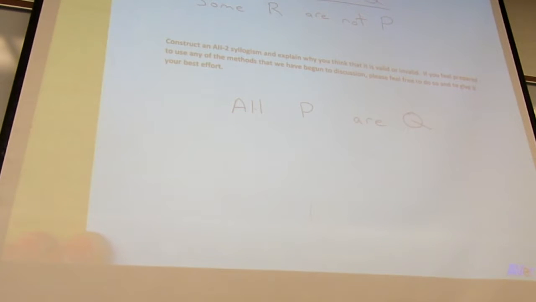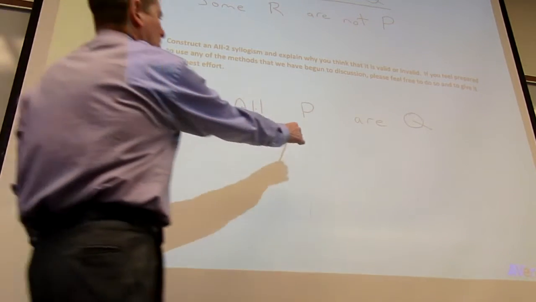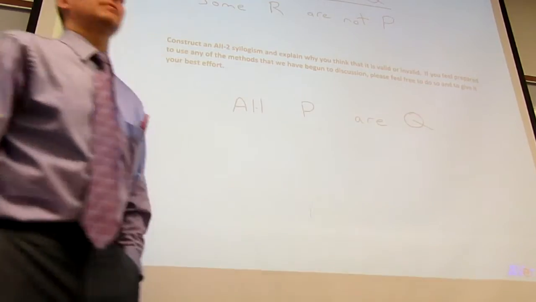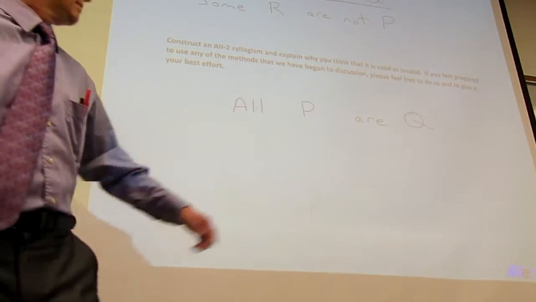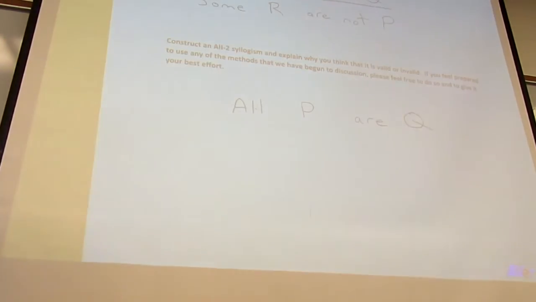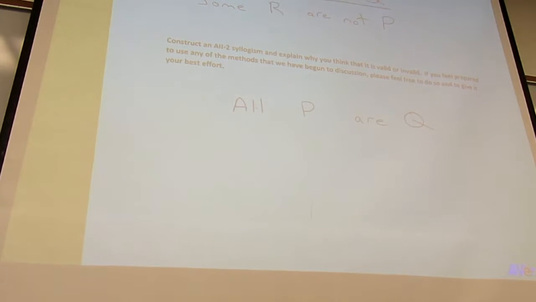Now, since I already saw a second figure, I know that my middle term goes where? Here or here? Q. Yeah, it'll be Q. So my middle term will be here.